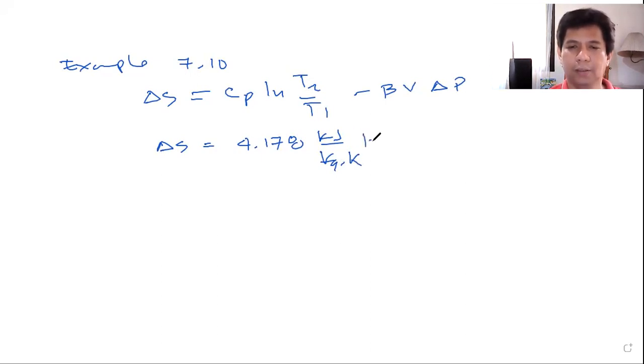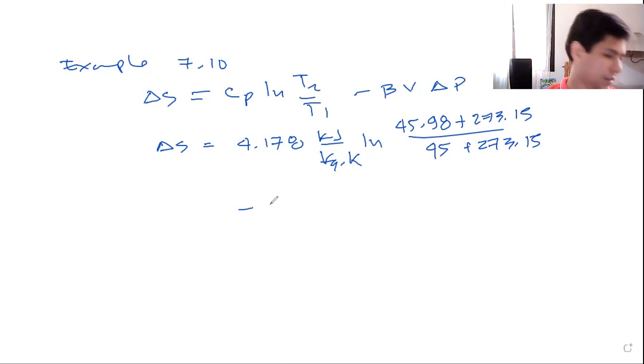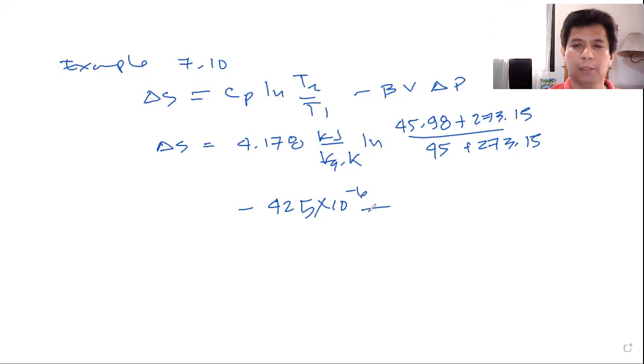Then ln of our final temperature, which is 45.98. It heats up as it passes through the pump, generally it heats up. To make it Kelvin, T2 needs plus 273.15. Our initial is 45. So this is the delta T, 0.98 plus 273.15. Then the next term, our beta is 425 times 10 to the minus 6, per Kelvin.